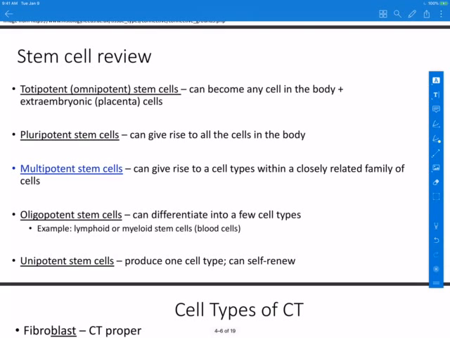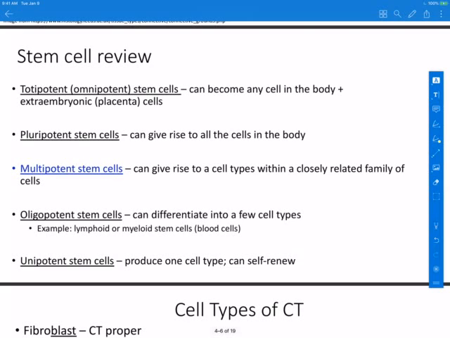Now, pluripotent stem cells are a little more limited, but they can give rise to all the cells in the body, just not the placenta or the extraembryonic cells. Now, multipotent stem cells are even more limited than pluripotent stem cells. They can give rise to cell types within a closely related family of cells.